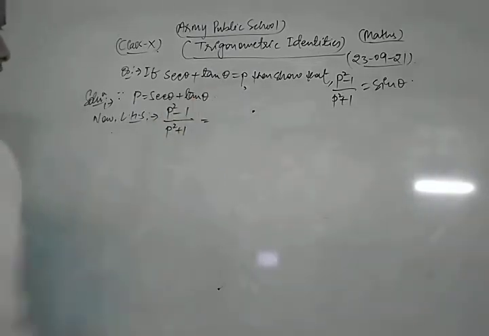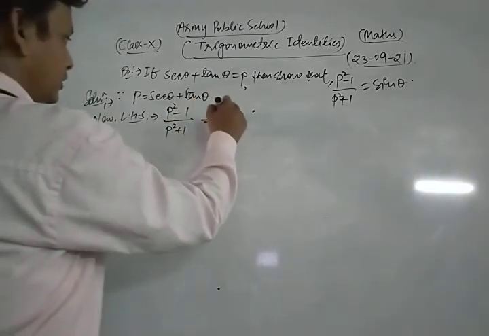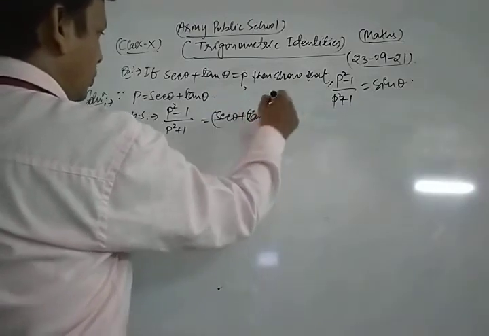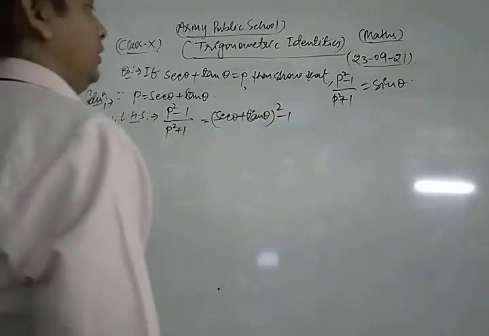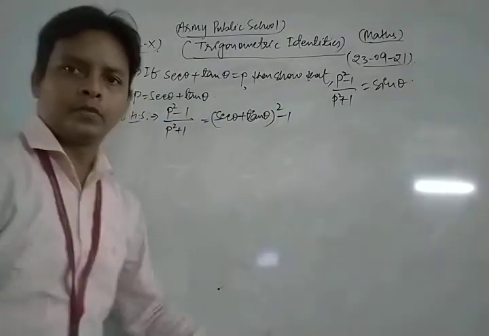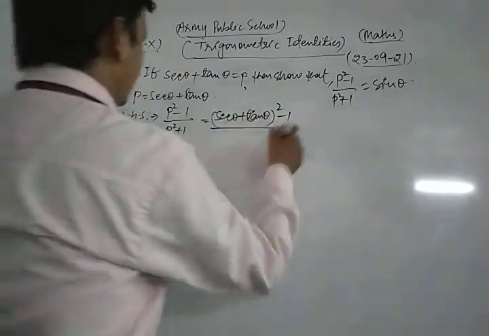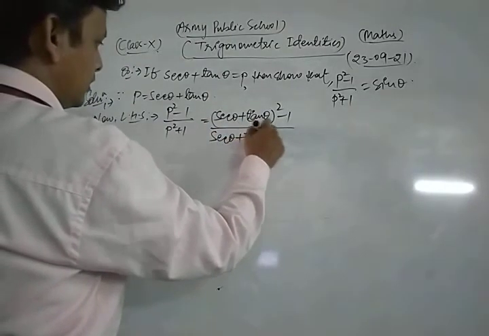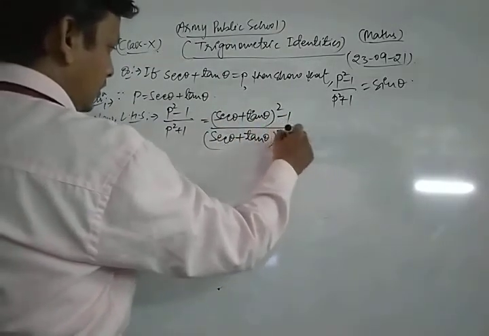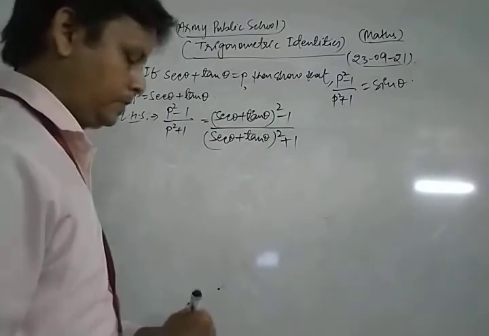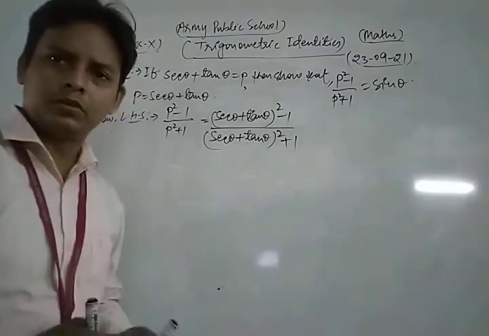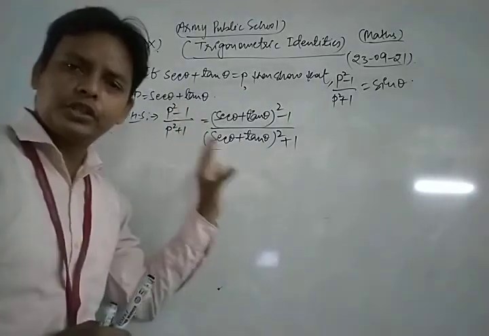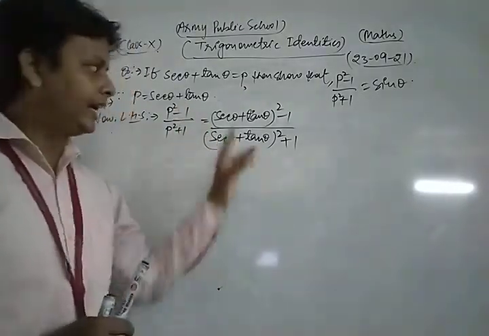Now look, p square, so the value of p is what? (sec theta plus tan theta) whole square minus 1, divided by p square means (sec theta plus tan theta) whole square plus 1. Okay, we just put the value of p in the given expression.